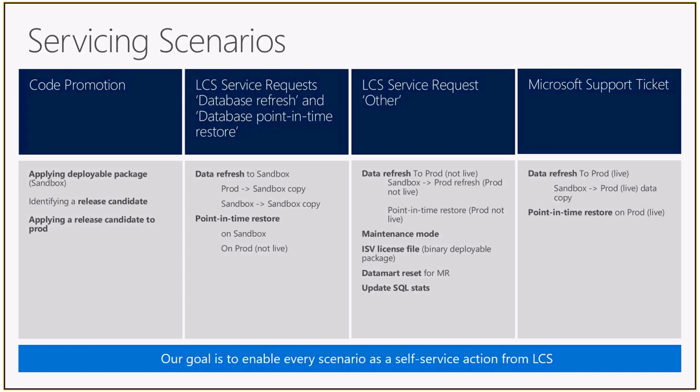So moving on, the third bucket here is in LCS, there is an option to create service requests of type other. So this is like a catch-all service request. We will also talk about what this should not be used for.